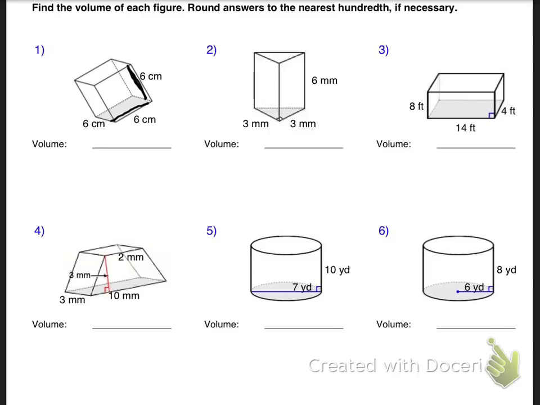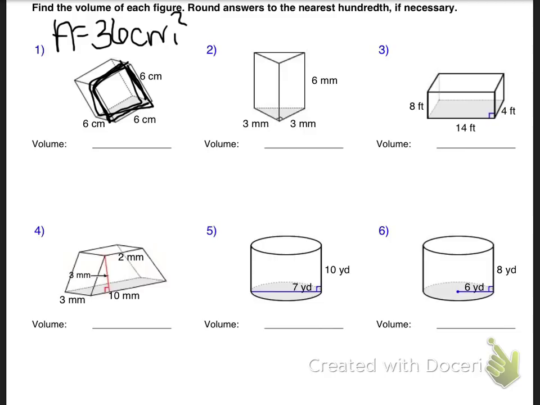And I know it's a little weird depending on how you're looking at it, but I'm looking at this right here as that front shape. So when we do our 6 times 6, we get an area of that base of 36 square centimeters.